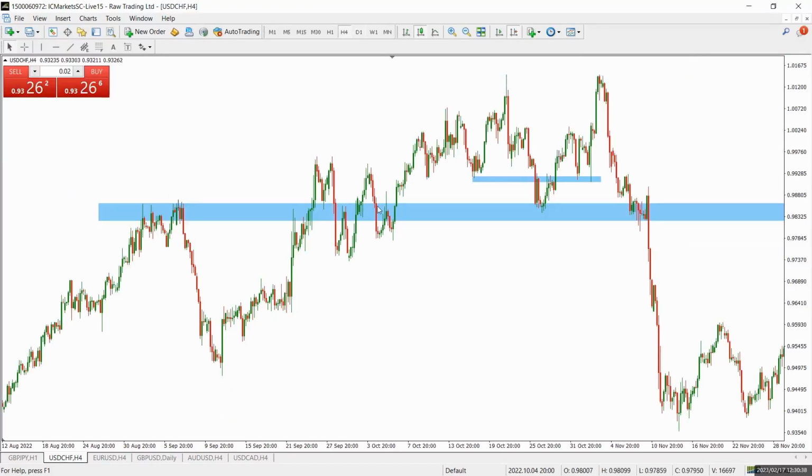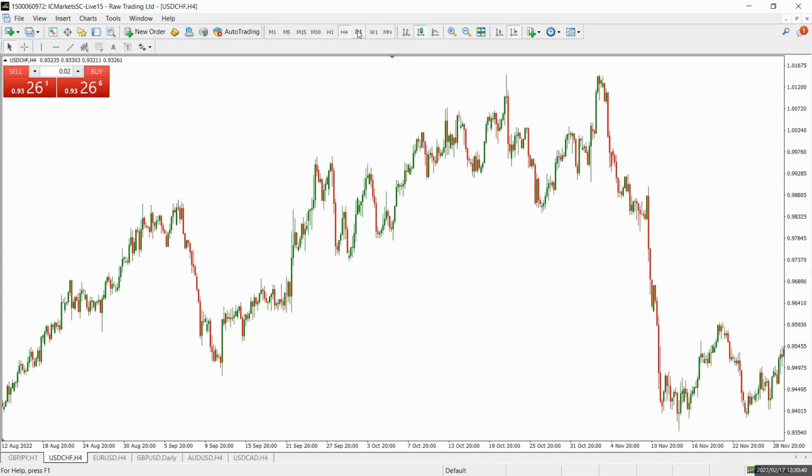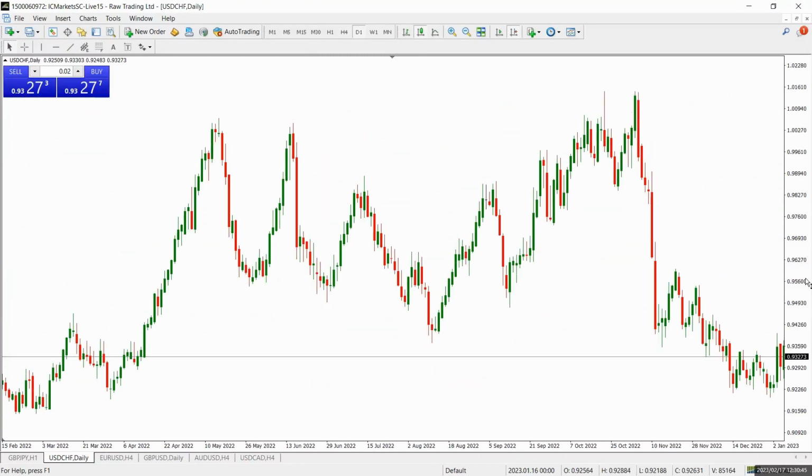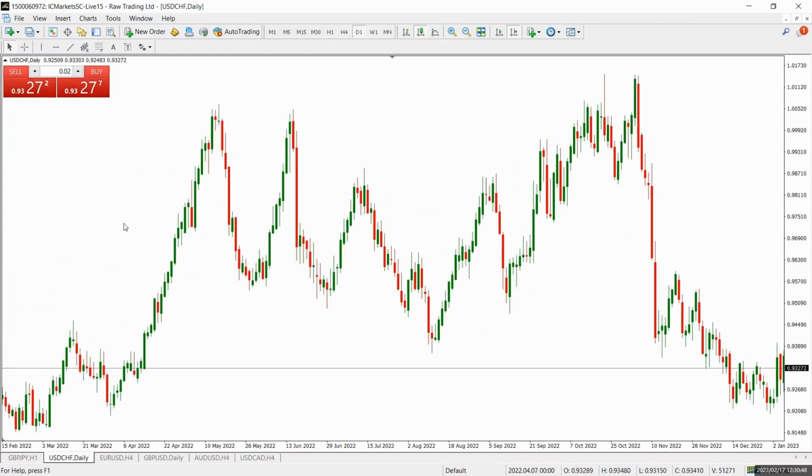So let me go to maybe the USD/CHF. I remember I took so many trade opportunities on this market. So the first thing we want to do is, let's do it together. This is a backtest of previous trades, right?